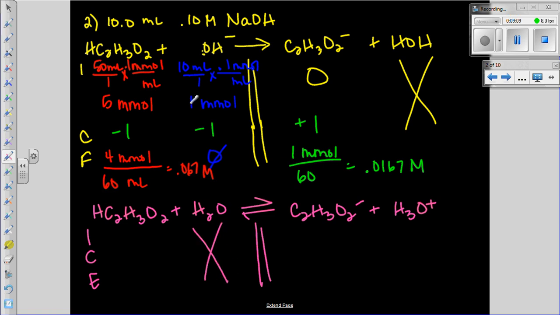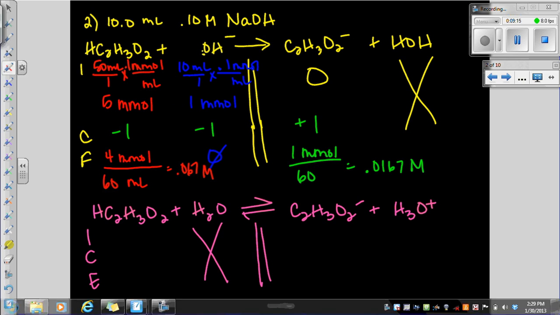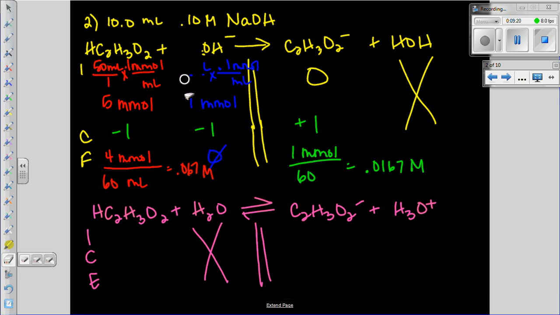Then I look up here at what I did for stoichiometry, and I want to transfer what's left down here. Well, I don't have any hydroxide left. This is all gone, I have 0 left. So really, all I have left is water, which is not included.